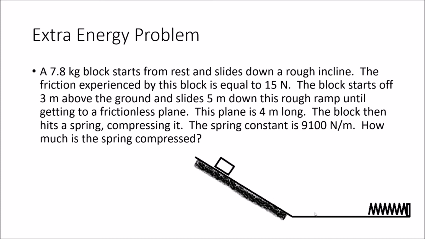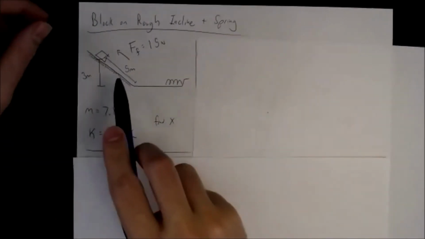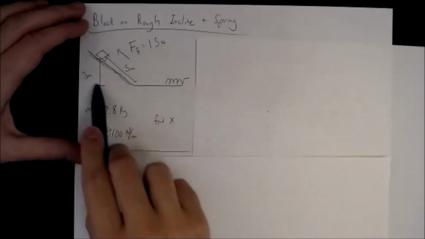And then there's a frictionless plane that's 4 meters long. The block then hits a spring, compressing it. The spring constant is 9,100 newtons per meter. How much is the spring compressed? I have recreated the setup here.